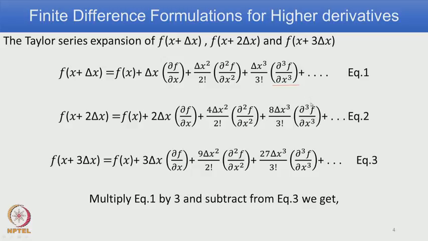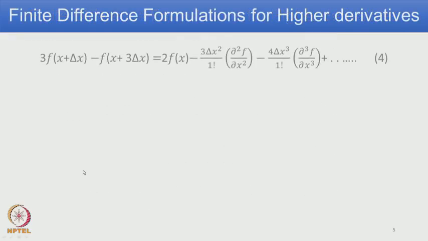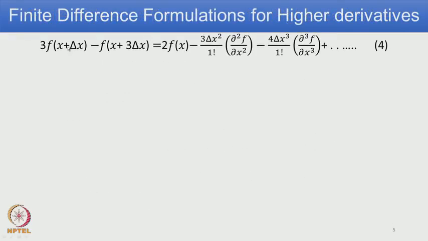Multiply equation 1 by 3 and subtract it from equation 3, which is for f of x evaluated at x plus 3 delta x. If you do that, you get this equation: f of x plus 3 delta x minus 3 times f of x plus delta x, where the second term comes from the first equation and the first from the third equation. So, we have a term on the left hand side, remaining terms on the right hand side. You can see term by term and verify this expression is correct, and we number this equation as 4.